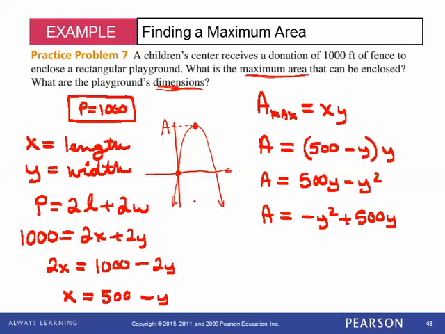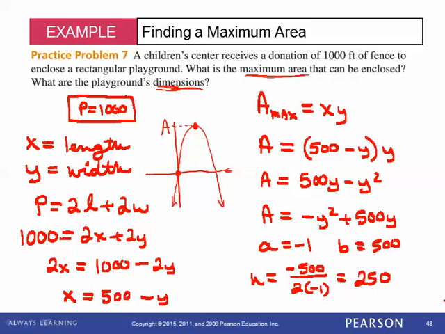So let's see what we got here. So for area, A is -1, B is 500. And so if I want to figure what the H is from H and K, I'm going to plug in this. And again, what is that H value?